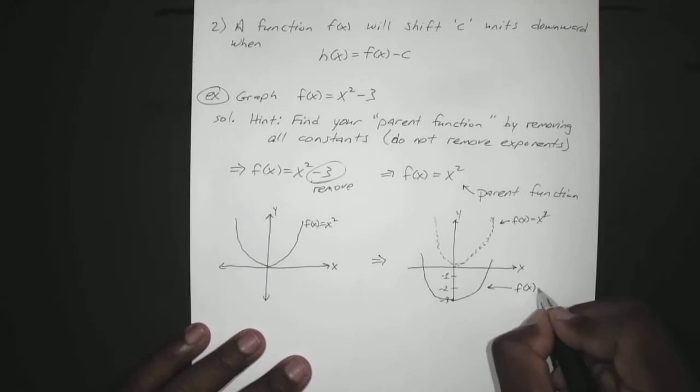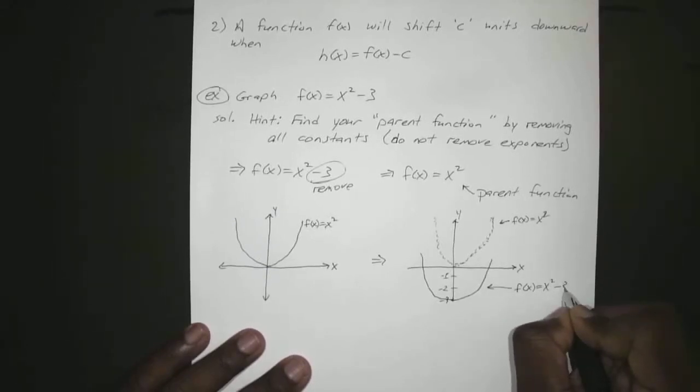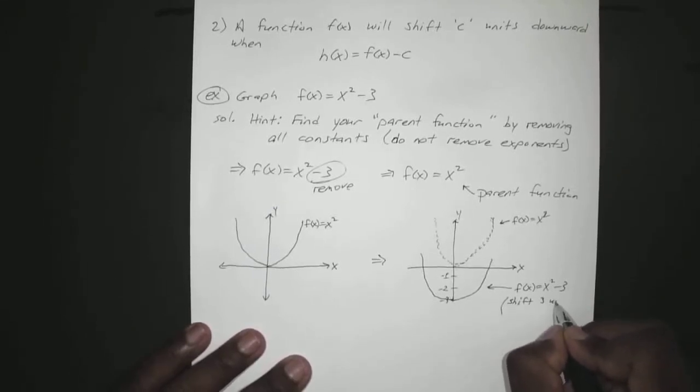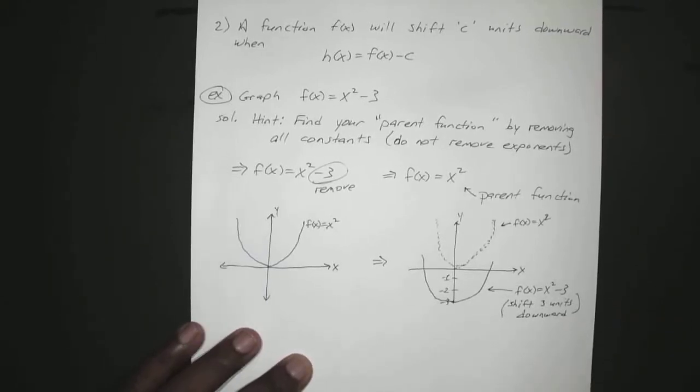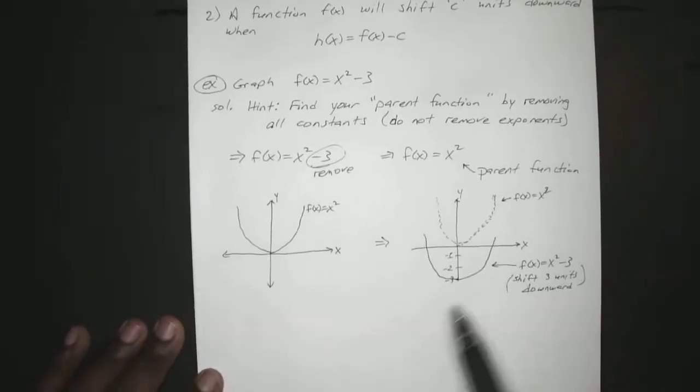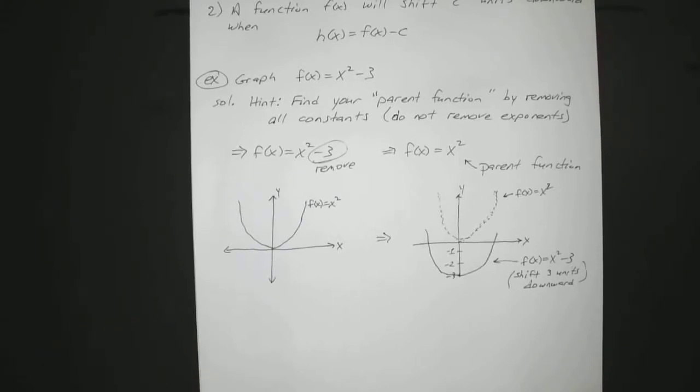So this would be f of x equals x squared minus 3. So shift 3 units down. Okay. Excuse my graphing drawing, but hopefully you get the general idea.